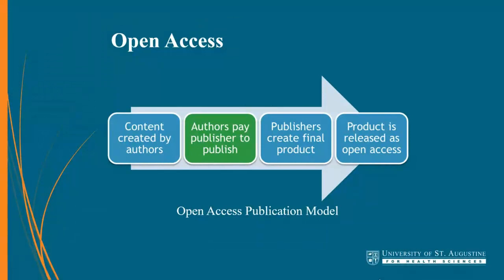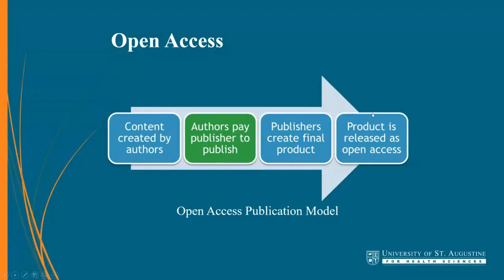So what that means is the publishers already made their money at this stage. Sometimes these are substantial fees, but because they've recouped their costs and their profits here, when we get to the final stage, when they release it, say to the market, although I think market's a bit of a misnomer, but when they release it to libraries or put it on the internet, or when someone wants to access that, they can then access it because the publisher doesn't need to sell it here because they've recouped their costs over here.